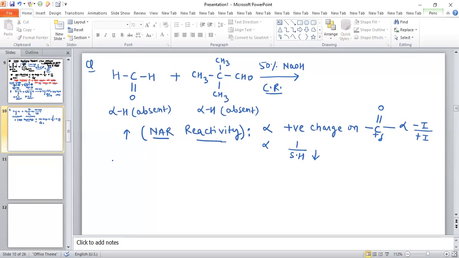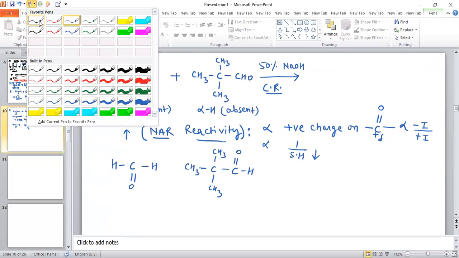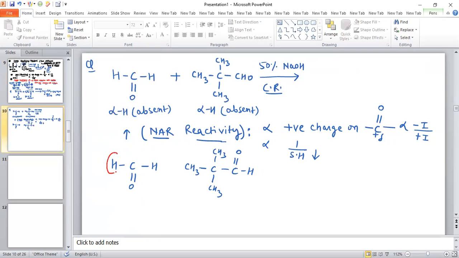Now see the two aldehydes. The two aldehydes given are HCHO and (CH3)3C-CHO. Now you can see in the first compound there is hydrogen only across the carbonyl group.